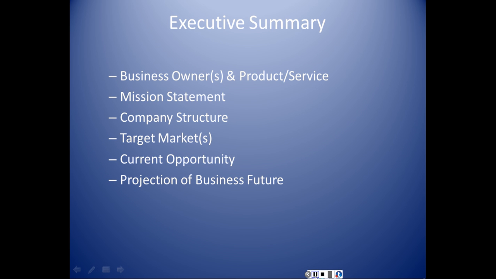And then you're going to do projections for the business future. You're going to suggest that this is a timeless opportunity, a limited opportunity. What's going to happen in the next 5 years for a company like this?